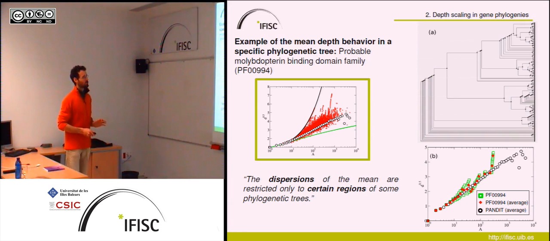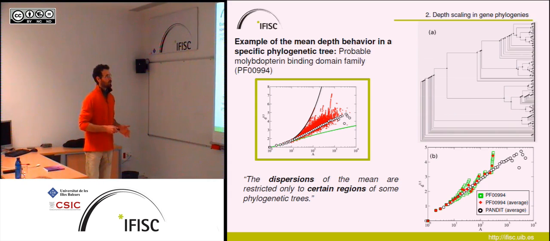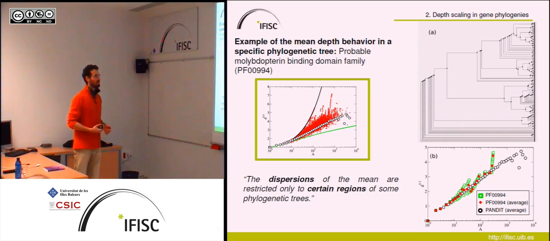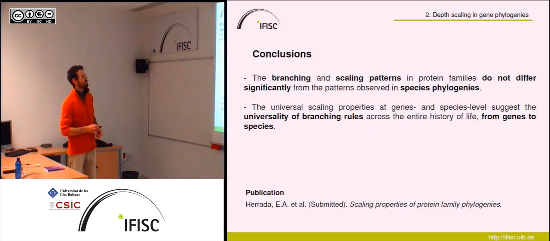What we observe is that the average behavior of the tree corresponds to the average behavior of the whole database, while the dispersion is only due to certain regions with a high presence of unbalanced branchings, and this high presence of unbalanced branchings corresponds to this region of this tree.